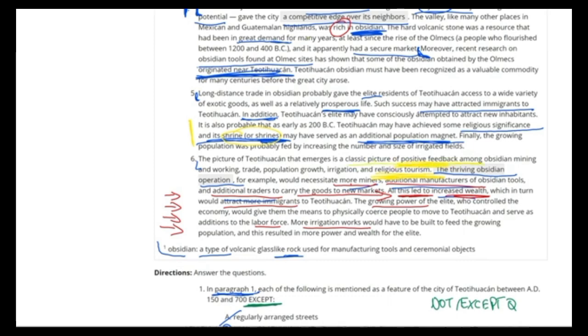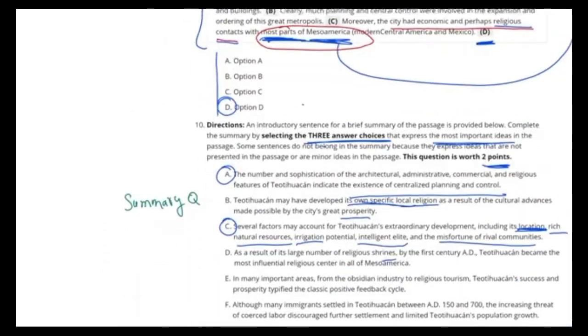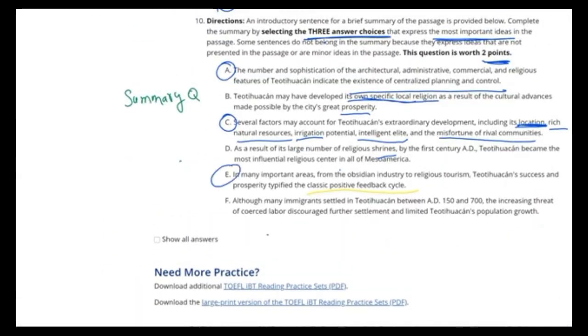And then, if you remember that, they talk about these factors that we were talking about here, that one factor influenced the other, and that this was the cause why Teotihuacan became such a wealthy city. This led to increased wealth. We can say, yeah, that's a main idea of the text. We choose E. Now we chose 3 answers.